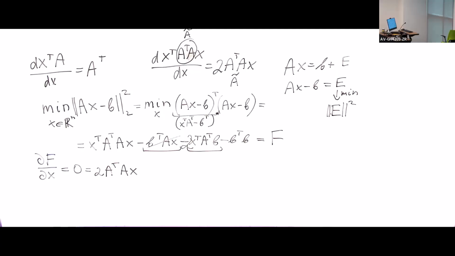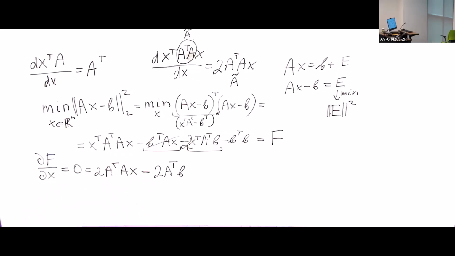Now, twice that thing, you're using the derivative of x transpose times something. You will get plus 2 A transpose b, but this is minus b, so this will be minus here. Minus twice A transpose b.